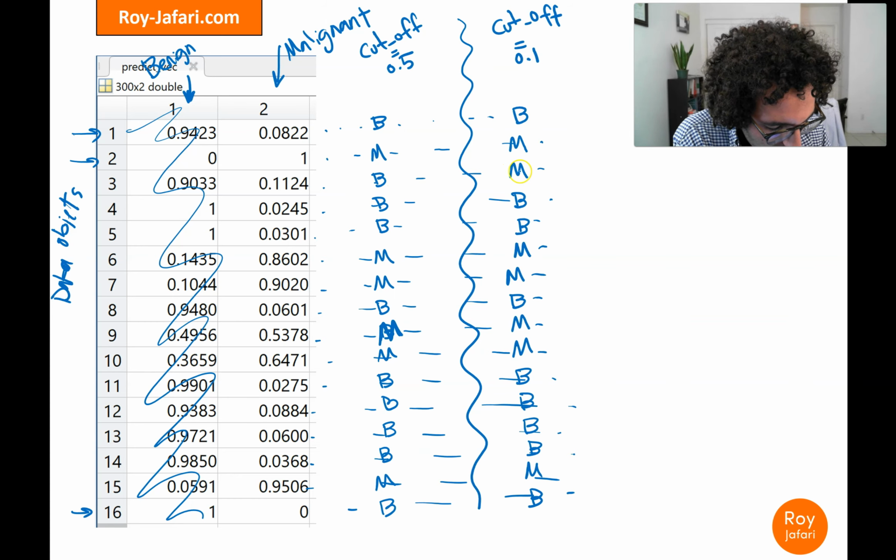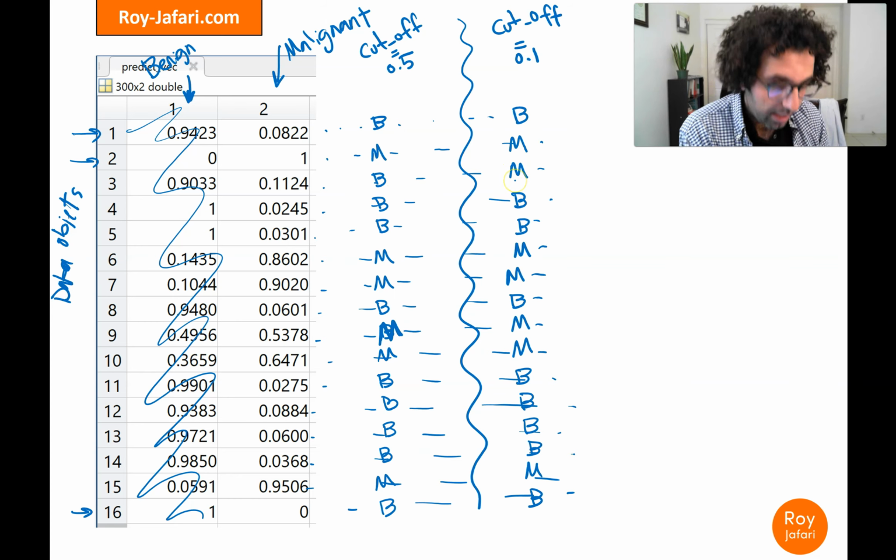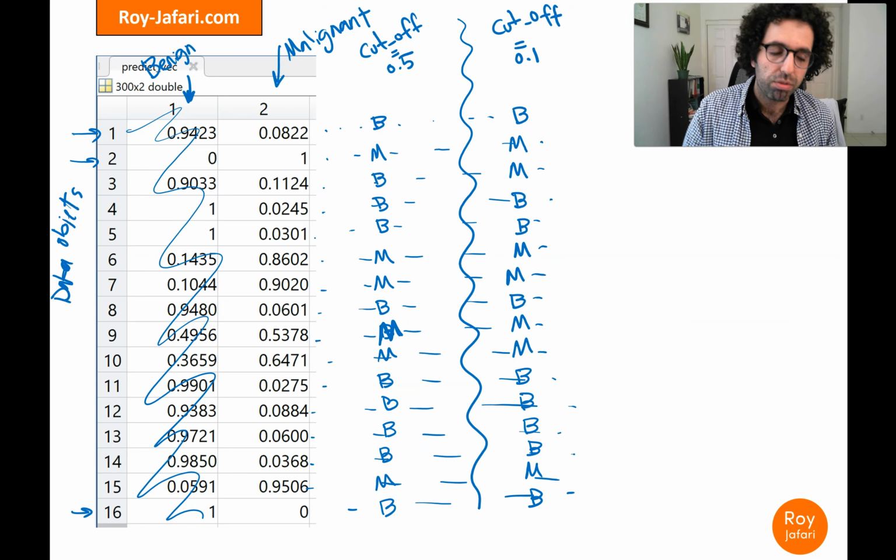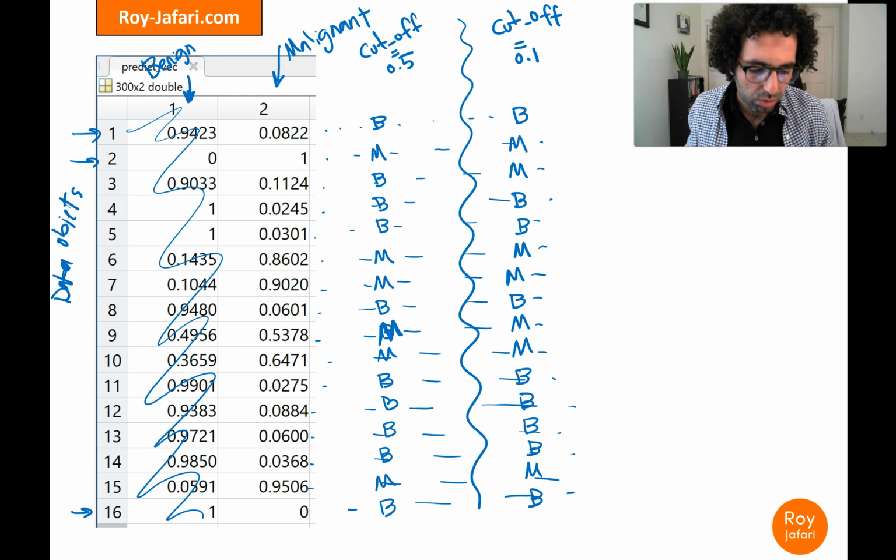But when I'm choosing cutoff point 0.1, I am choosing malignant. That is for me to tip the classification a little bit, so there are fewer false negatives at the cost of more false positives. So that's basically that relationship I'm trying to talk about here.